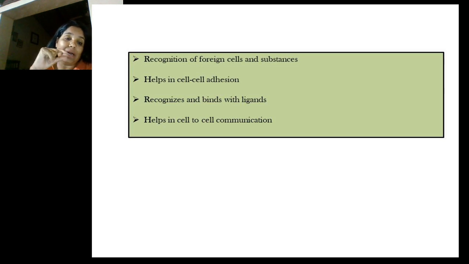How does insulin do this? The plasma membrane of hepatocytes or liver cells contains receptors for insulin.